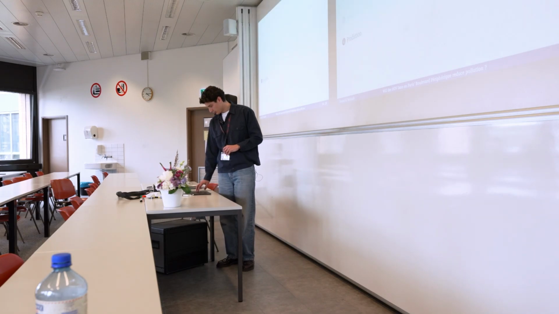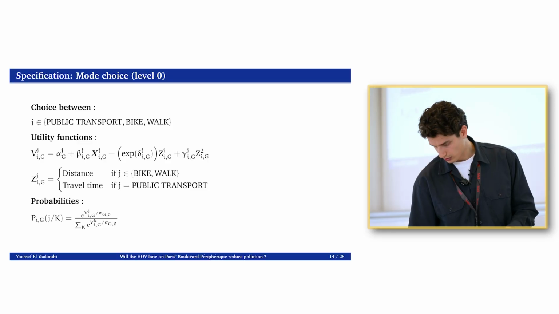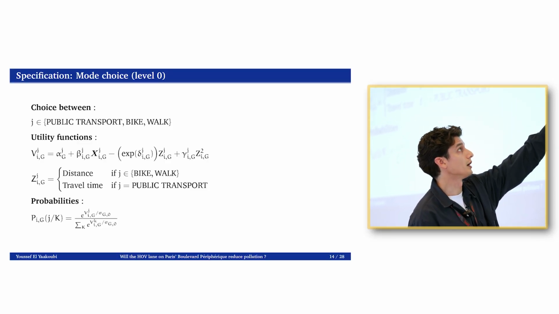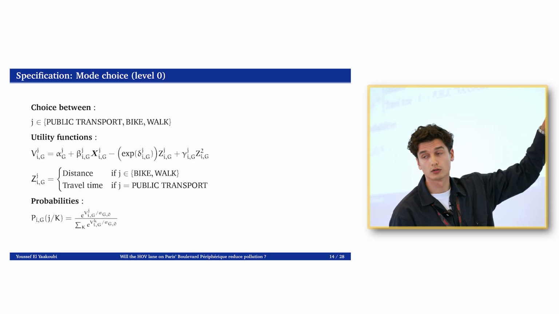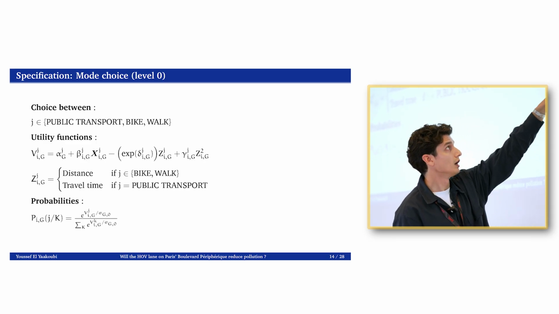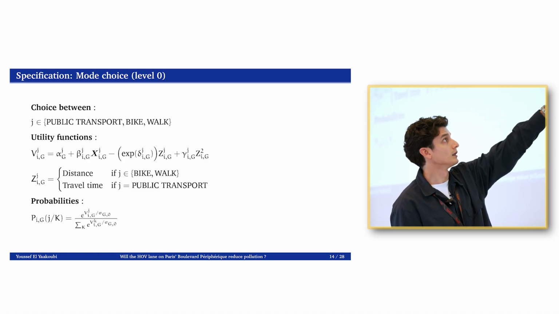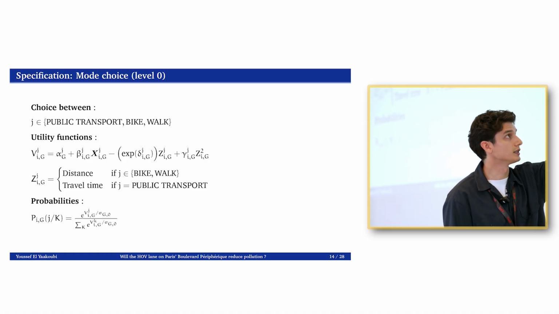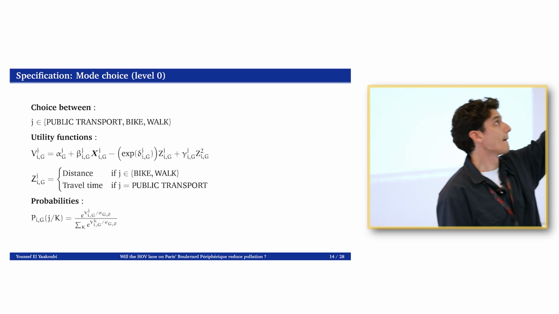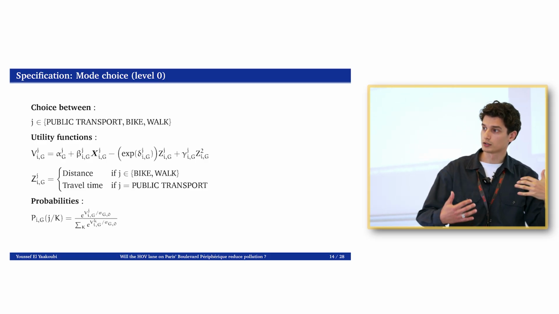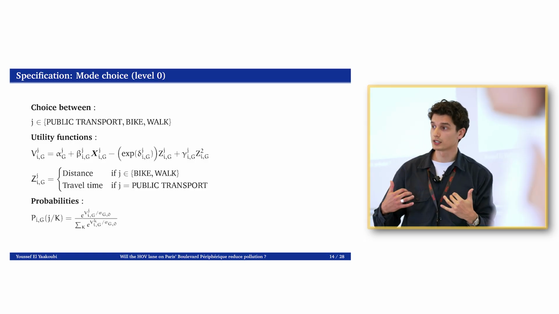For the first question, I will come back to the specification. So you have the individual i with his gender g and his mode j. Basically what we did is that we imposed the sign to be negative, because it should decrease the utility.